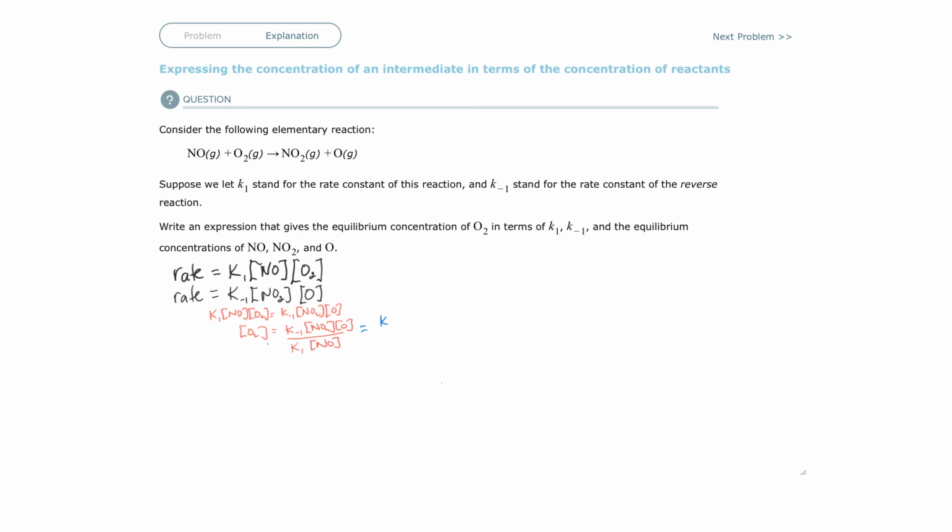So I could say this is k sub -1 over k sub 1 times the concentration of NO2 times O over NO. Okay, this is just a little bit of algebra. I think it's not very hard. Trust you to get it.